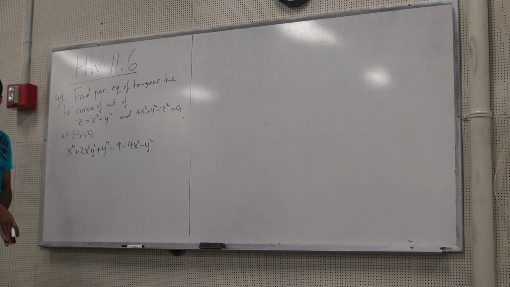Does anyone have any ideas? Yeah. What do you think? Because they gave us a point on the line of intersection at negative 1, 1, 2. So if we find the normals to the tangent planes, they should be orthogonal to the line of the two equations. So put everything on one side, equal to 0.